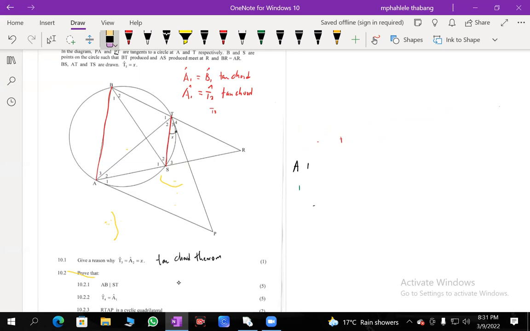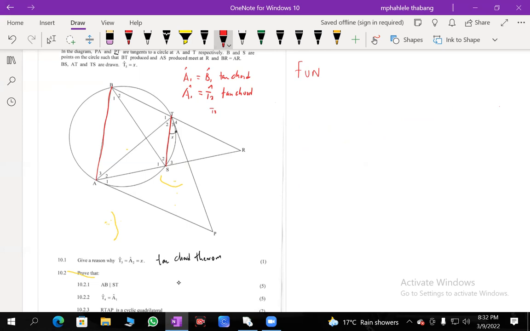We know this thing they call a fan. There should be a transversal which makes up alternate angles, corresponding angles, and cointerior angles.